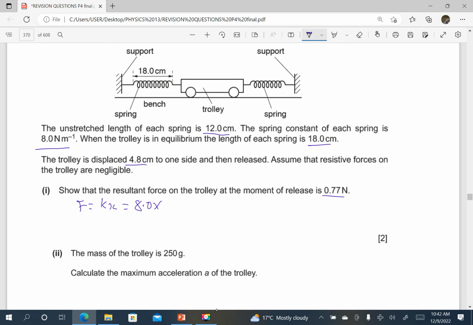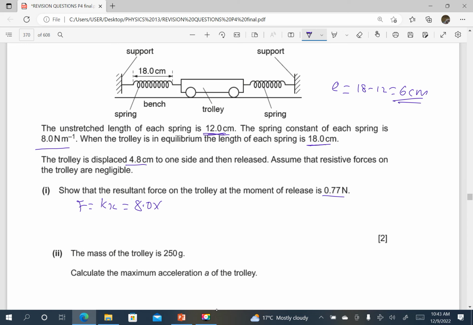Remember, when it is not stretched, each spring has 12 centimeters as its original length. When it is in equilibrium, the springs are 18 centimeters. So the original extension e is going to be 18 minus 12, which is 6 centimeters. That is the equilibrium extension. But then the trolley is displaced 4.8 centimeters to one side, then released.